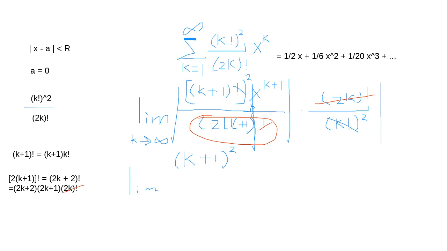So what's left? In the denominator, we have 2k plus 2 and 2k plus 1. So everything else was simplified, right? That's the exact reason why we want to use the ratio test.